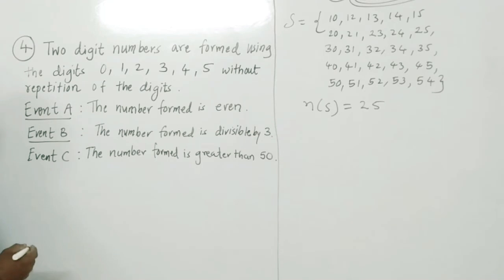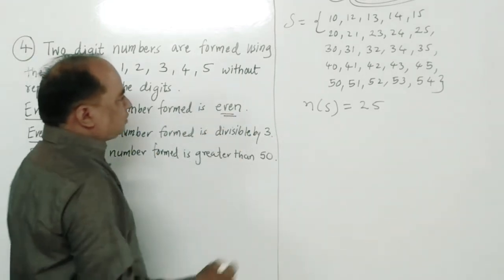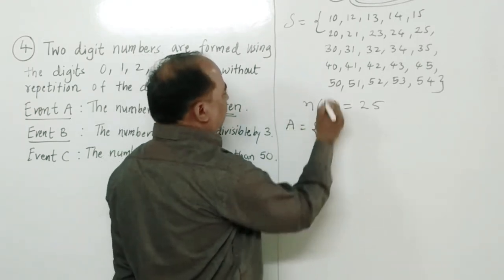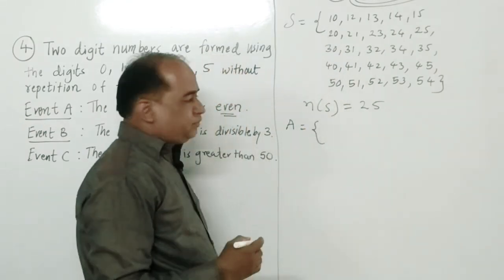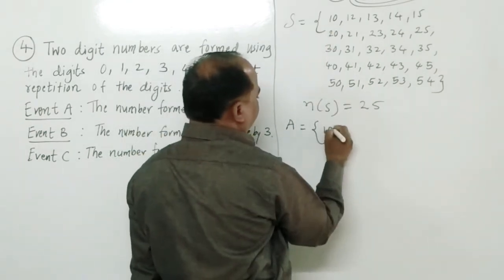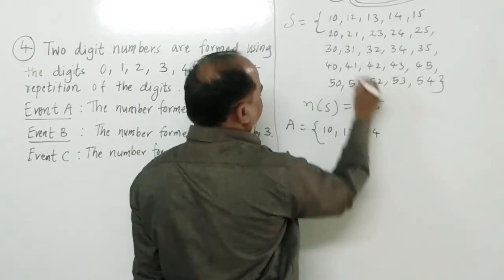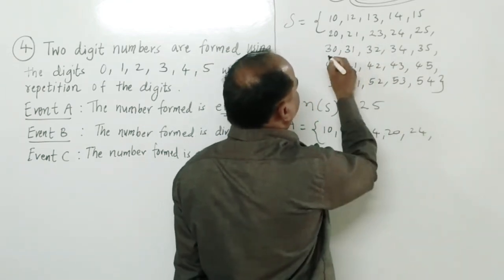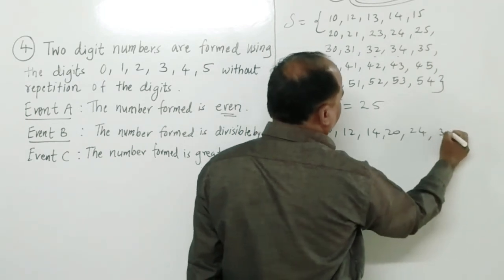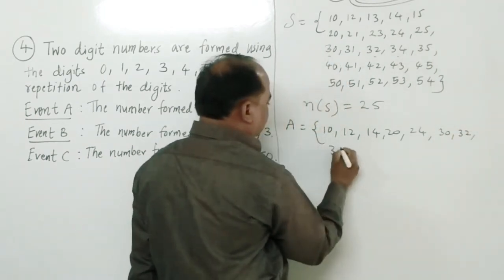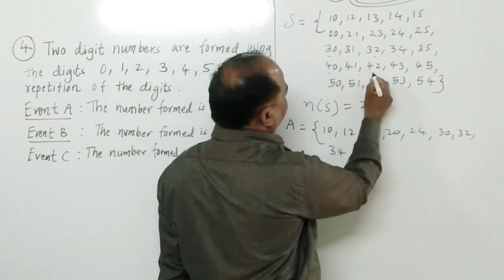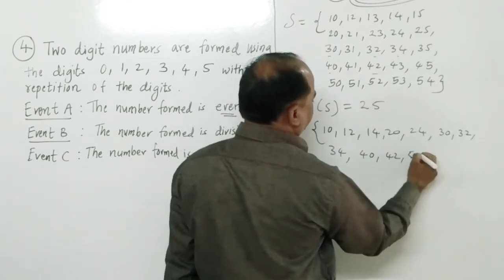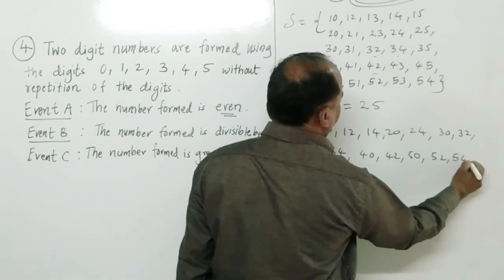Now event A. Event A is the number formed is an even number. So here in this sample space, which are the even numbers? So A is equal to even numbers, which are the multiples of 2 or divisible by 2. So write 10, 12, 14, 20, 24, then 30, 32, 34, then 40, 42, then 50, 52 and 54.